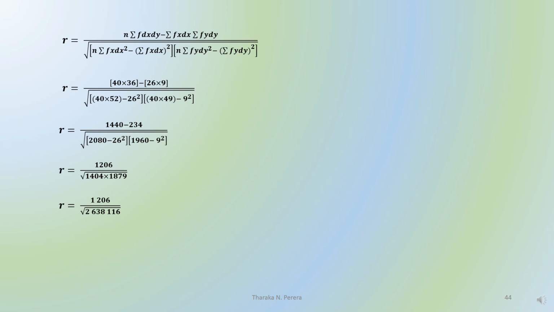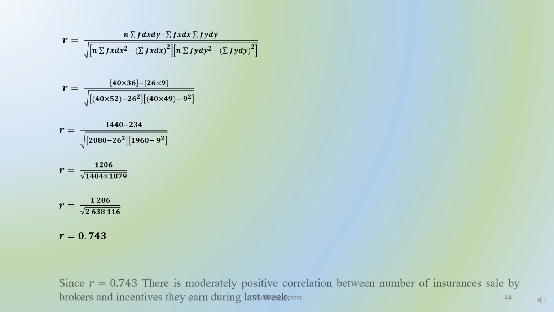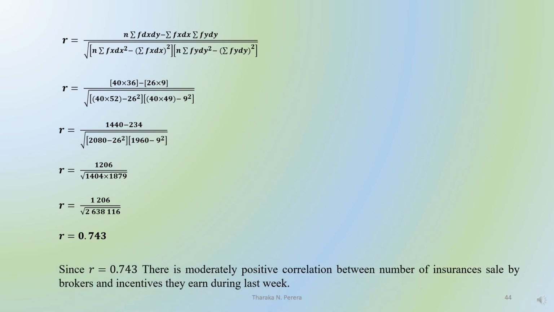Otherwise, you can use a calculator and simply get the answer. As the R value is equal to 0.743, there is moderately positive correlation between number of insurance sales by brokers and incentives they earned during last week.